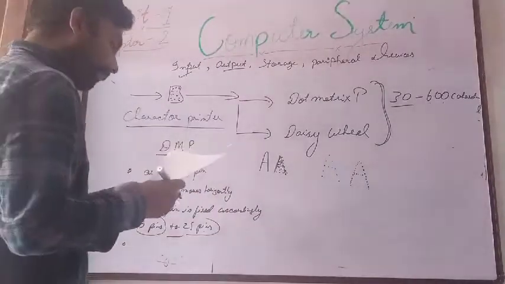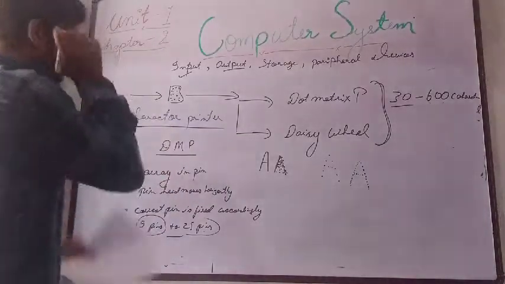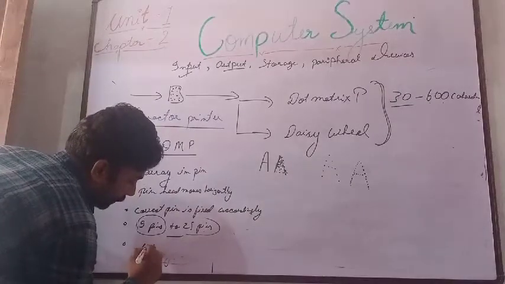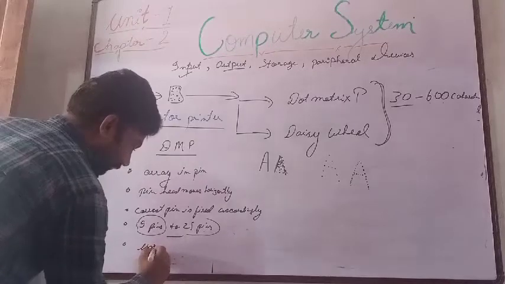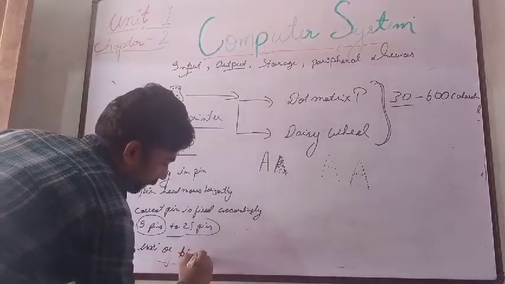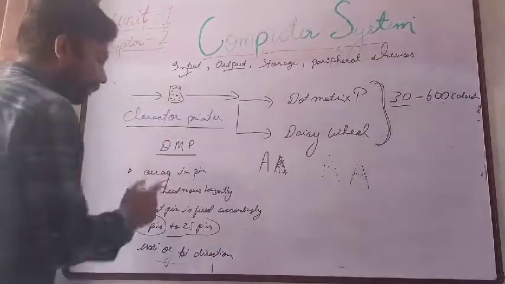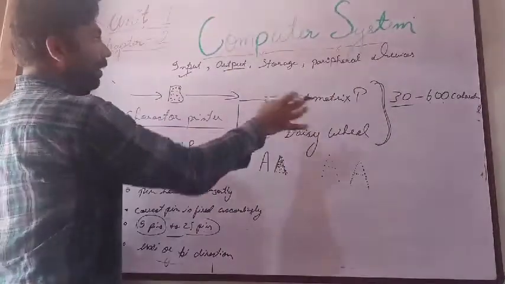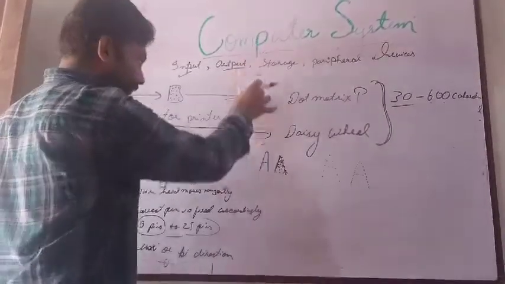Now it can be uni or bi-directional. Uni-direction means single direction. The head will move in this direction, and now in the advanced version of the dot matrix printer, they can also move up to down.